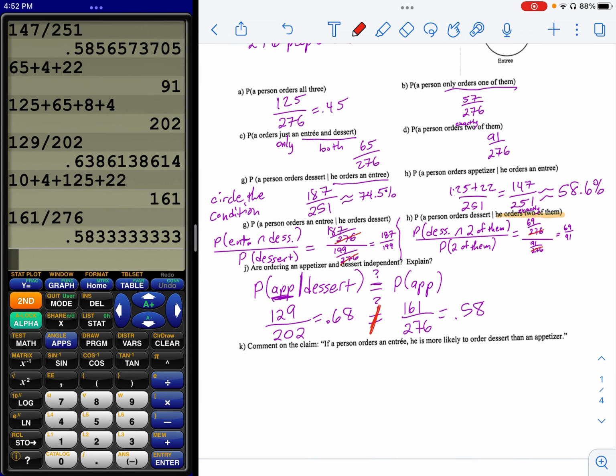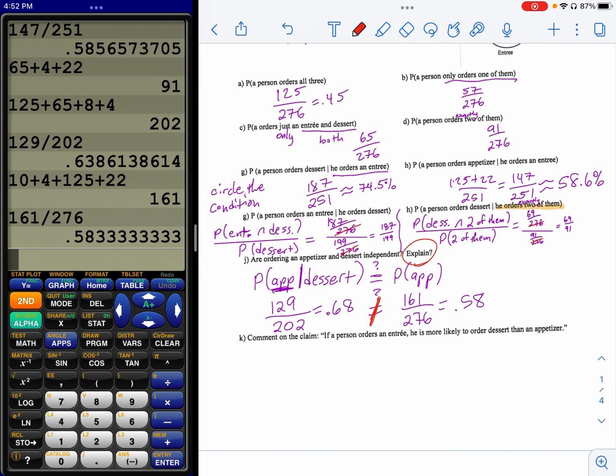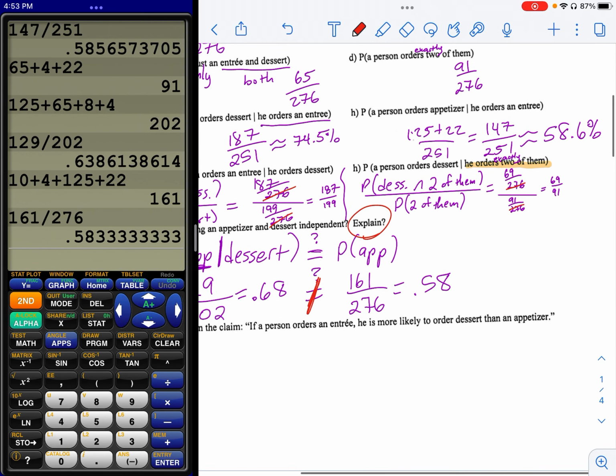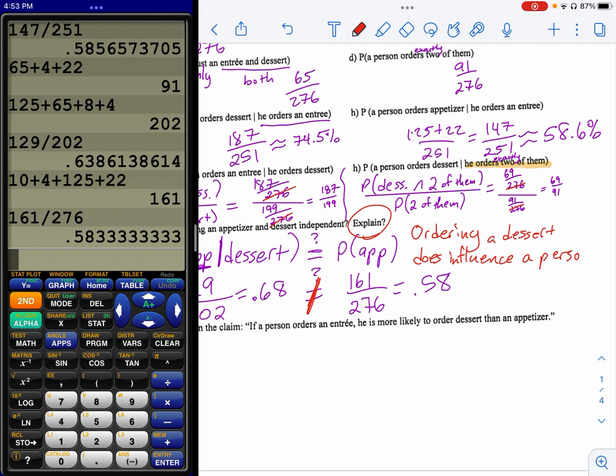No. So when it says explain, you can show your work, or you could say ordering a dessert does influence a person's choice or decision to order an appetizer.